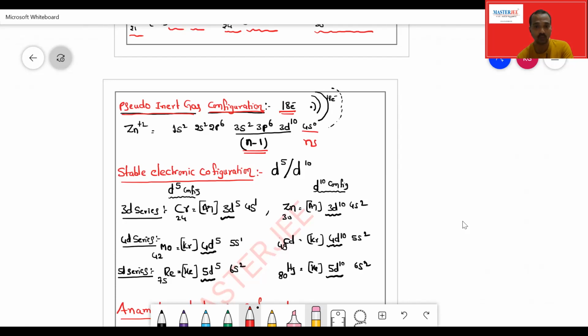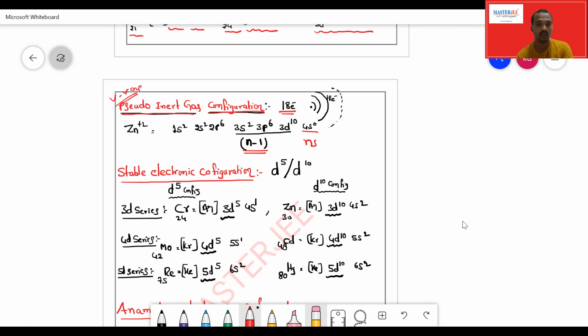This is the (n-1) level, and this (n-1) level has 18 electrons. So species having 18 electrons in their penultimate shell, that configuration is called pseudo inert gas configuration. This is also important.